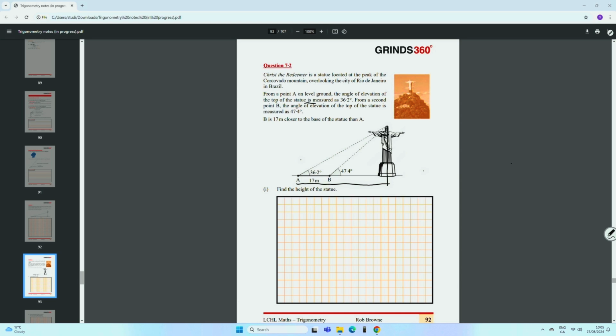So that distance there is 51.9 meters, right? Now we're told in the question that the width of the base of the pedestal here is 7.6 meters.